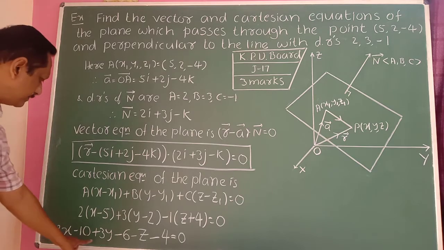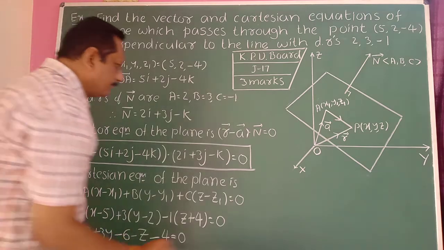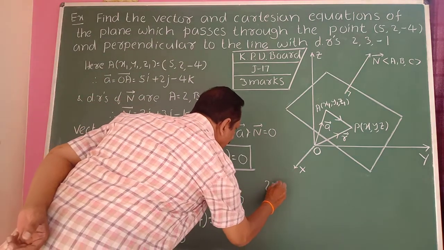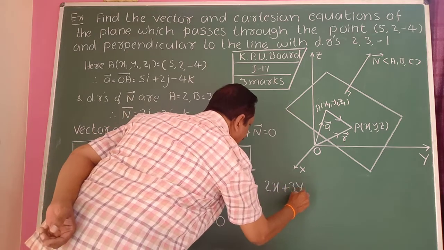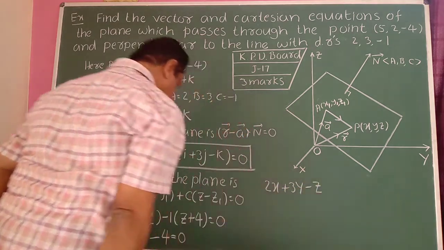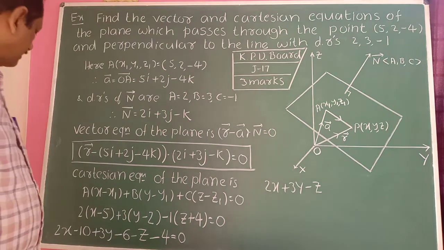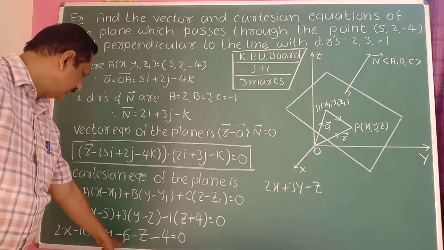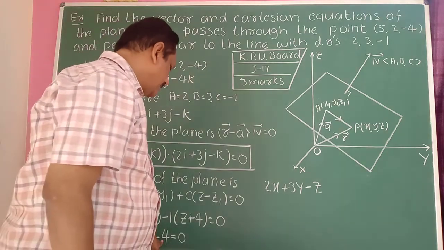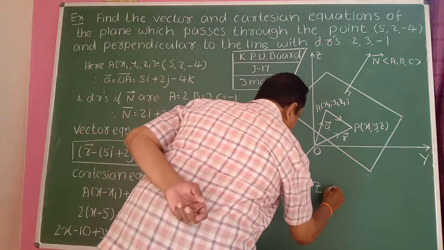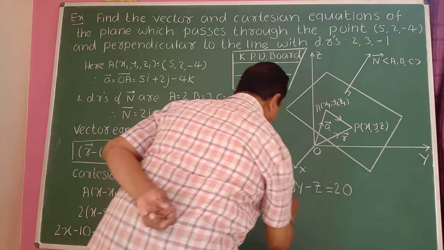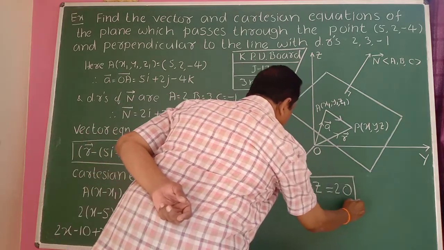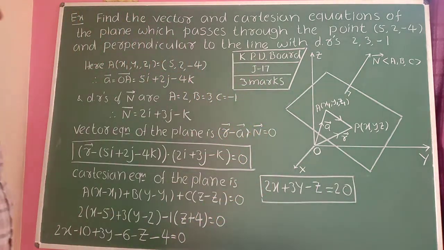Therefore 2x + 3y − z − 10 − 6 − 4, that is −20. Take −20 to the right hand side, it is equal to +20. So this is the equation of the plane in the Cartesian form.